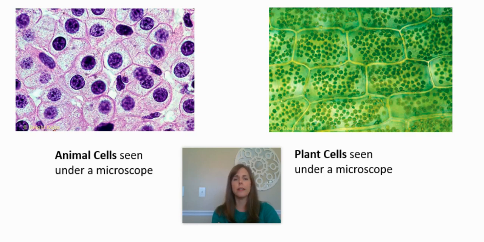Their outermost layer is a cell membrane, and it's flexible. So you can see, looking at these two different pictures, that they are quite different in the way that they look. Also, a plant cell is green typically because it has something special in it called chloroplasts. And we'll look at that when we compare and contrast on the next slide.